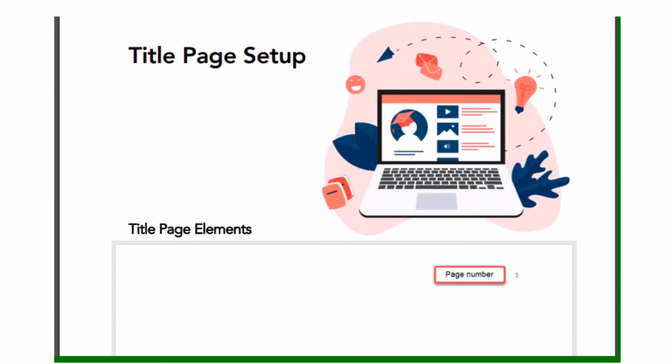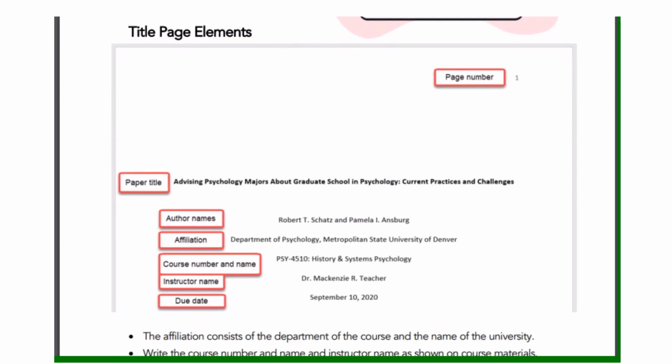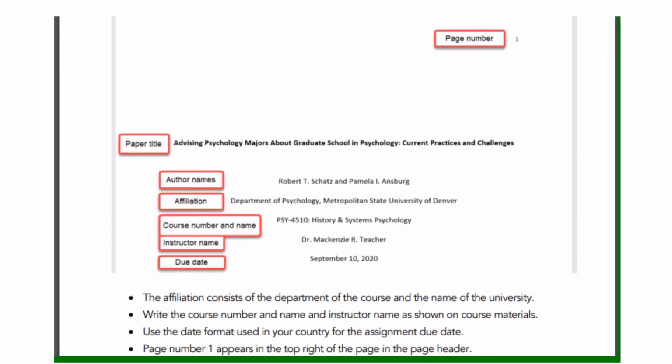As for your title page, there are a few elements you need to consider. Your page number goes in your upper right-hand corner, and you can do that with a header in your Google Doc or in your Microsoft Word processor.